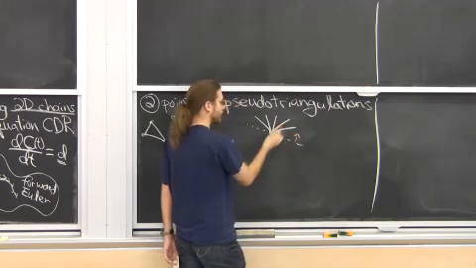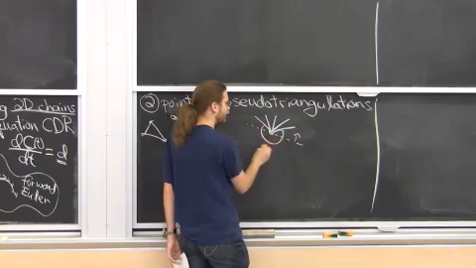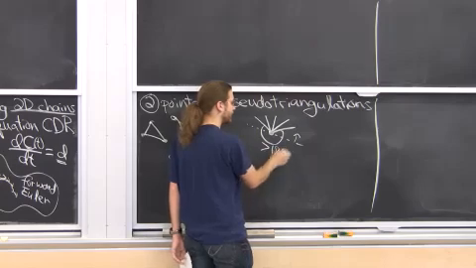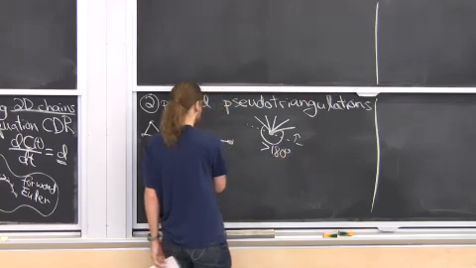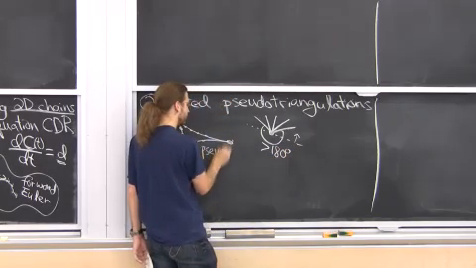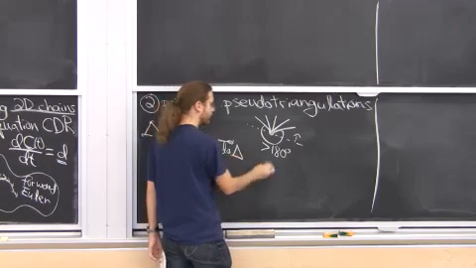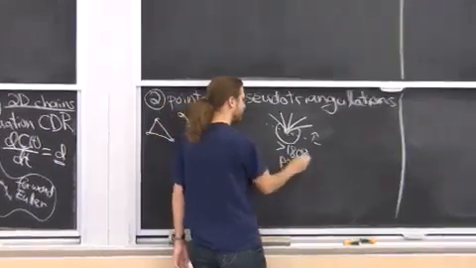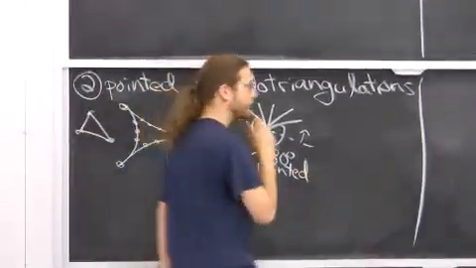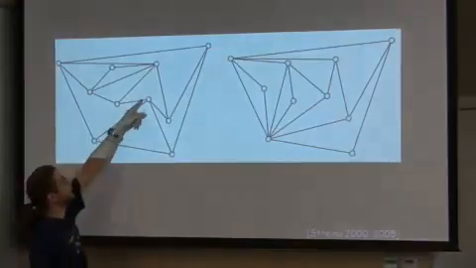They all lie on that side. In other words, there's an angle that's bigger than 180 degrees. This was a pseudotriangle, and this is pointed. And if you check this example, every vertex has an angle that's bigger than 180 degrees.